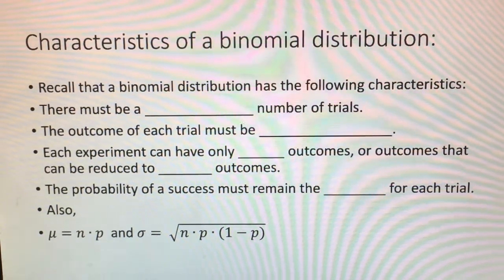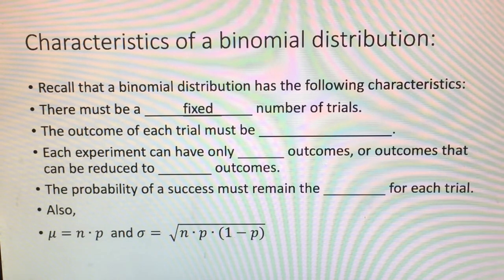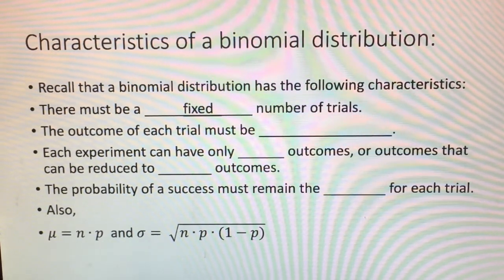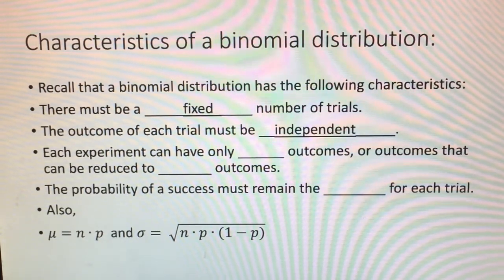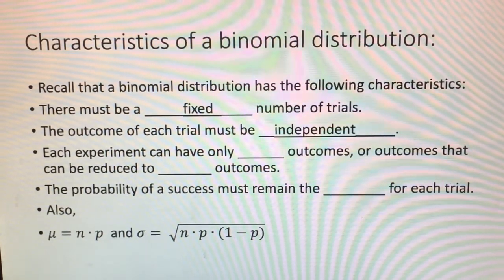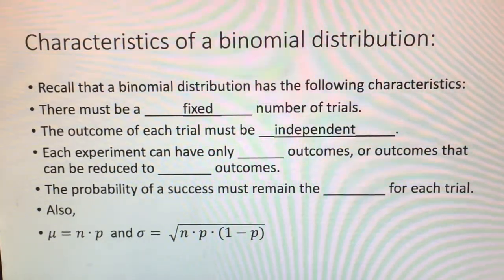There must be a fixed number of trials in a binomial distribution. The outcome of each trial must be independent. Each experiment can have only how many outcomes?